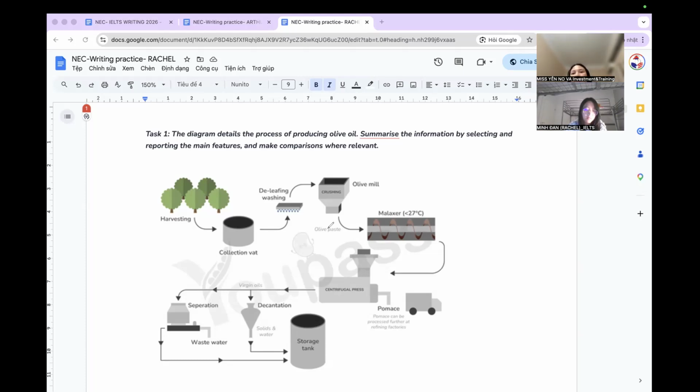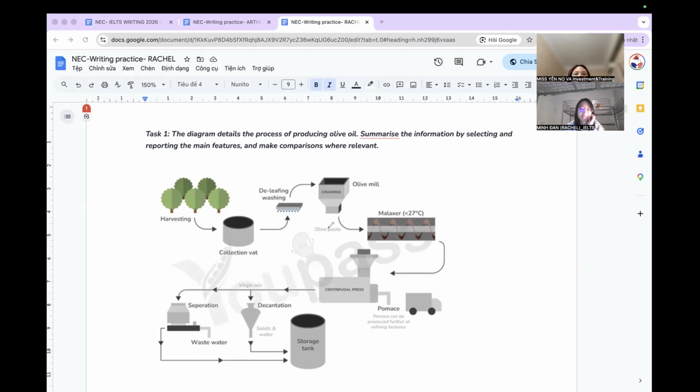So when this machine that we call the olive mill crushes the olive fruit, the texture becomes very thick and sticky, which we call olive paste, but it's still not oil yet, because there is still solid, I mean hard material inside.